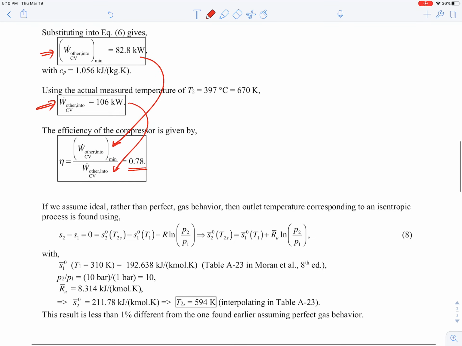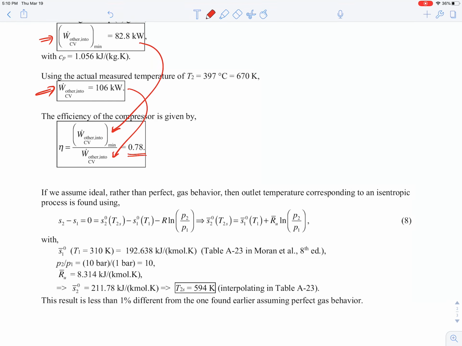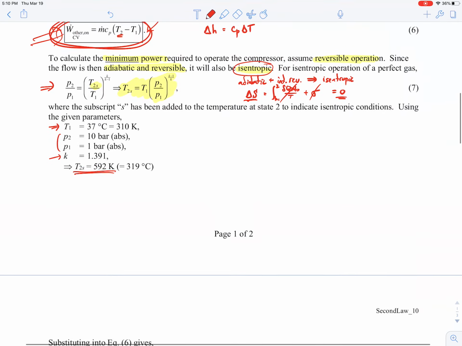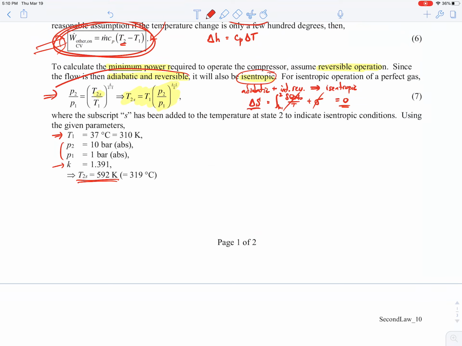Now, the rest of this problem statement says, if we assume that we're dealing with an ideal gas rather than a perfect gas, then we can calculate the change in entropy a different way. Okay, so when we went back, let me go back here for a second. When we used equation 7, that was for an isentropic process involving a perfect gas, one with a constant specific heat.